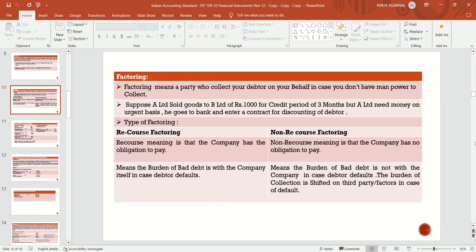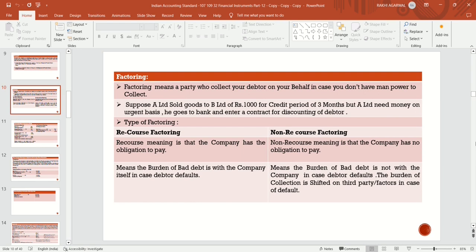Recourse factoring means the company has an obligation to pay. The responsibility remains with the company that has given its debtor to another person to collect. But in non-recourse factoring, the company has no obligation to pay.